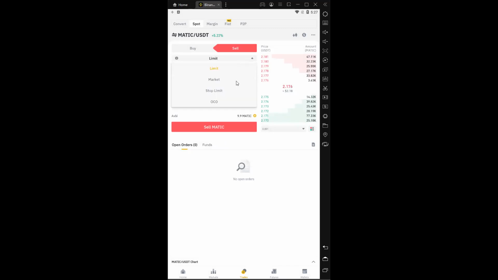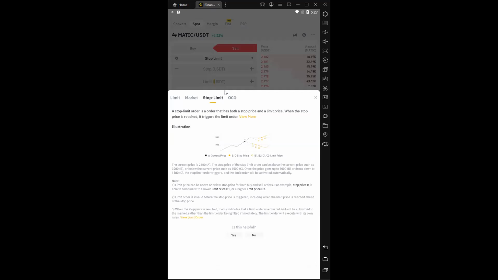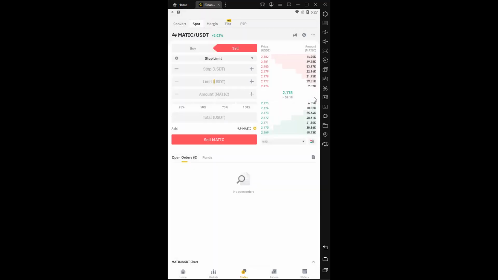I've explained limit, I've explained market. The next option is a stop limit. The stop limit works like a conditional statement, like an if and else statement. You don't want to sell this coin right now, but you are looking at the possibility that this coin might dump later in the day or at night.